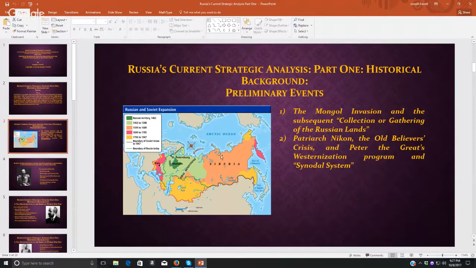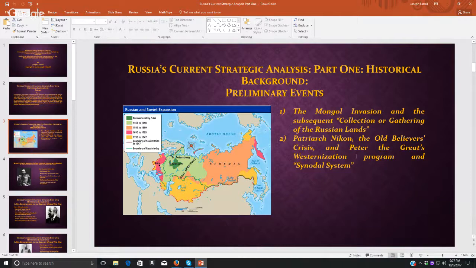The population base to sustain it has always been the problem. But anyway, the strategic calculation is what I want to get through here. This is in large part because of their experience of living under Mongol rule for so long, which they finally were able to throw off and then begin their own push and expansion back.